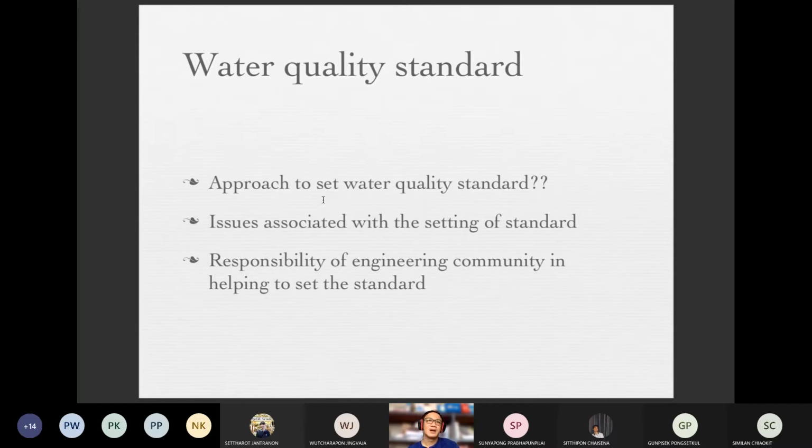They have studied and gathered scientific information. For example, talking about turbidity, what could be the maximum allowable turbidity? They study based on scientific results. Maybe less than 10 NTU may be good enough for drinking.